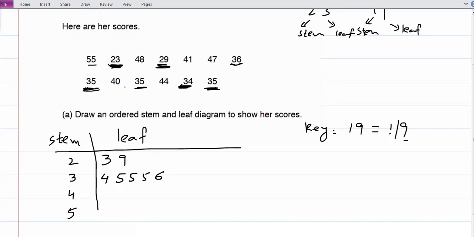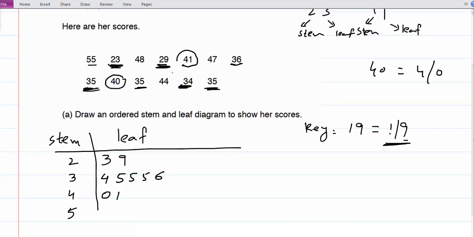Then come to 4. The smallest number starting with 4 is this 40. 4 we already wrote, so just write 0 here, because according to the key, it will stand for 40. Like 1|9 stands for 19, 4|0 will stand for 40. Okay. After 40 we have 41 also.